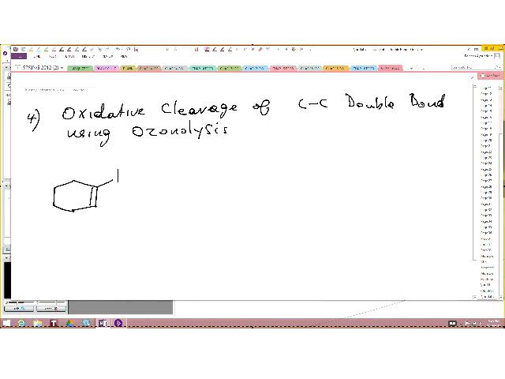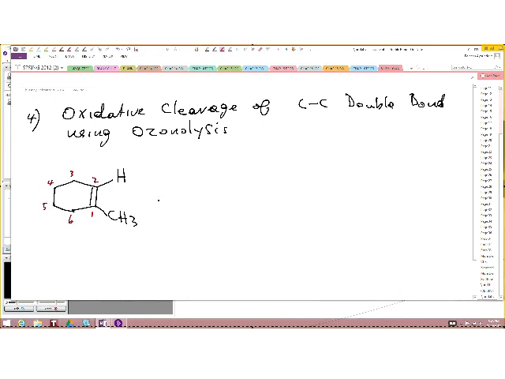If we take this molecule here, in which we have a carbon-carbon double bond, let me go ahead and number this. Let's call this 1, 2, 3, 4, 5, and 6. Carbon number 1 is attached to no hydrogen atoms. On the other hand, carbon number 2 is attached to 1 hydrogen atom.